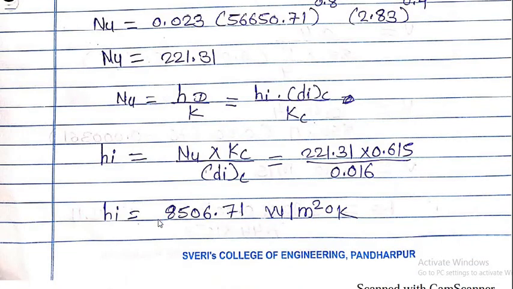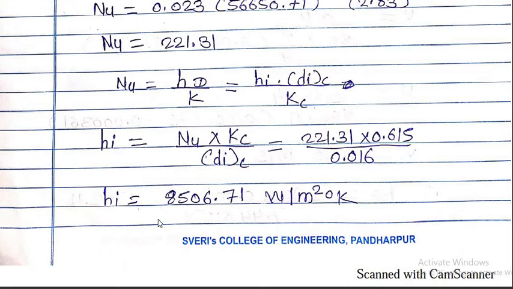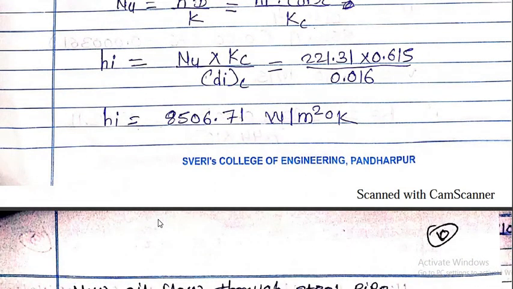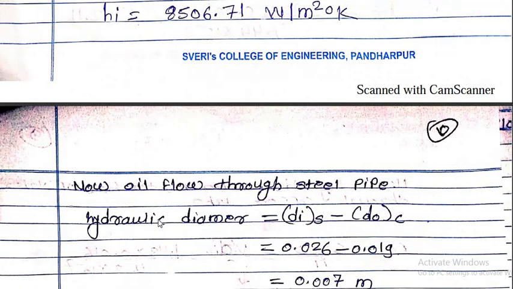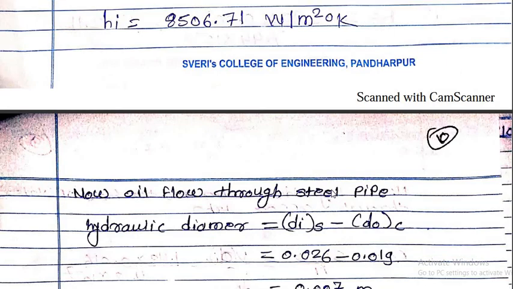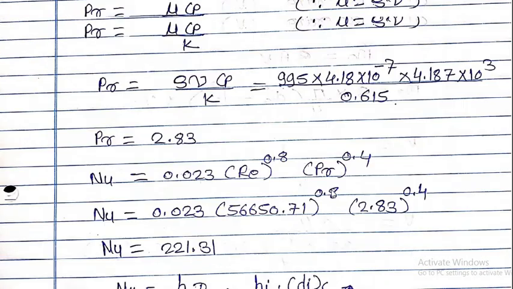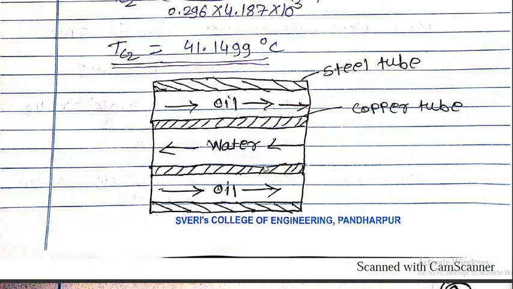Now we have to find the same heat transfer coefficient on the outside surface of the copper tube, for the oil. Oil is flowing through the steel pipe. Now what will be the hydraulic diameter? Here once again this figure is very important. This is the inside diameter and outside diameter for the steel tube, but out of that the copper tube occupies some area.